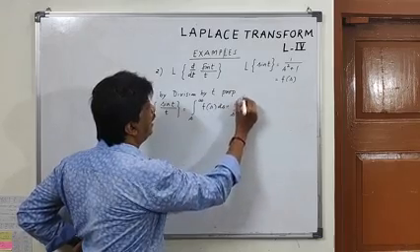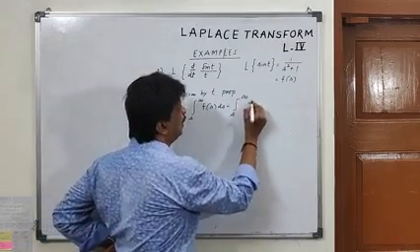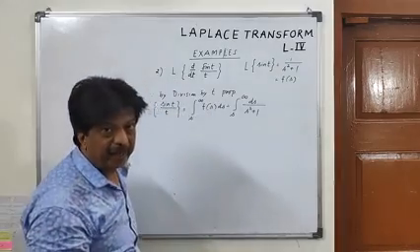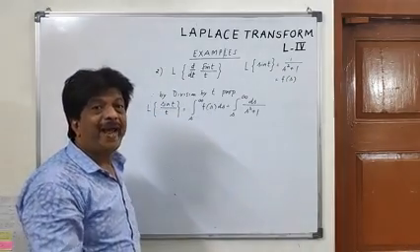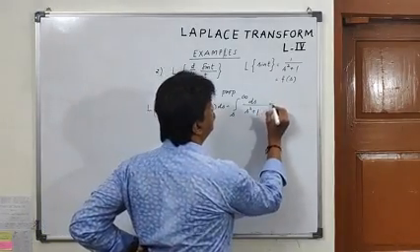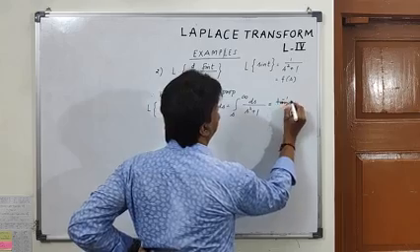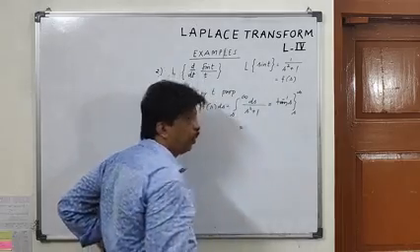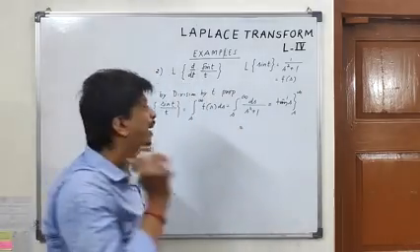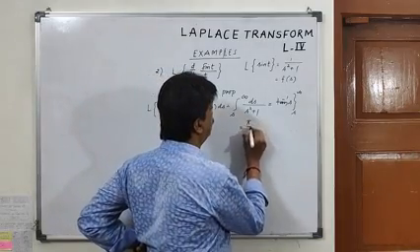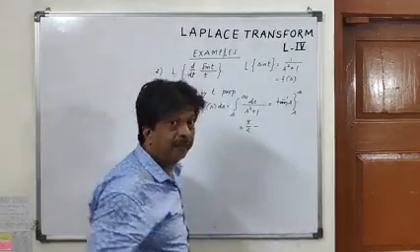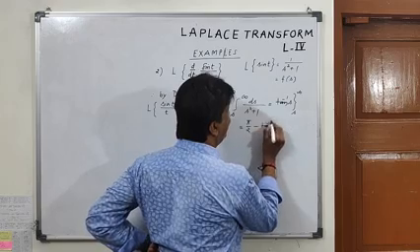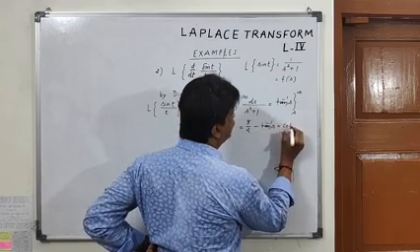So it is integral s to infinity of 1 upon s square plus 1 ds, which is tan inverse of s, with limits from s to infinity. For the upper limit, tan inverse infinity is pi by 2, minus, for the lower limit, tan inverse s. So pi by 2 minus tan inverse of s is cot inverse of s.